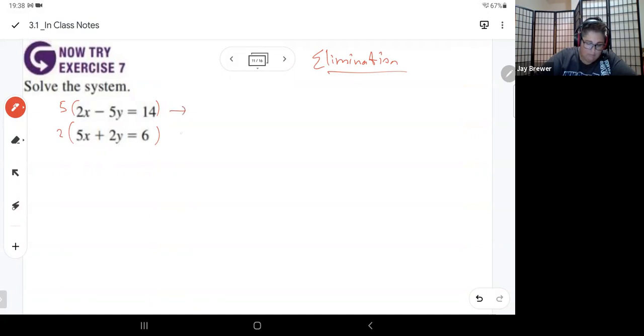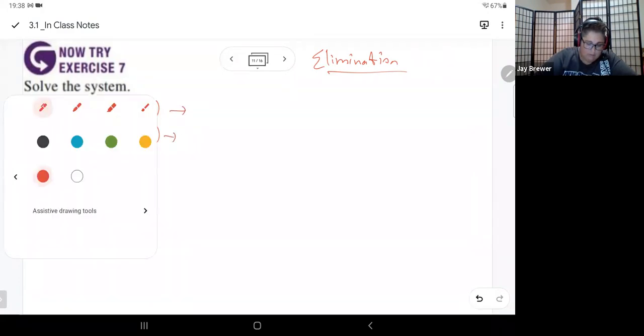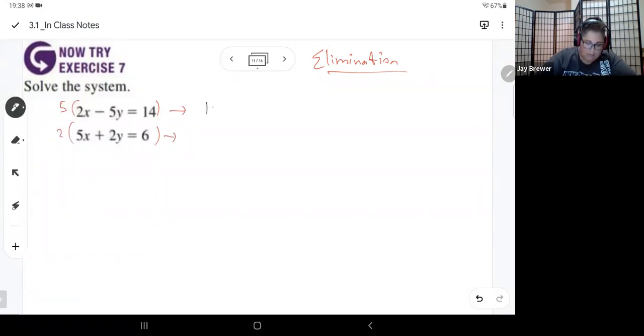So we're going to end up with 10x minus 25y equals 5 times 14, 70.